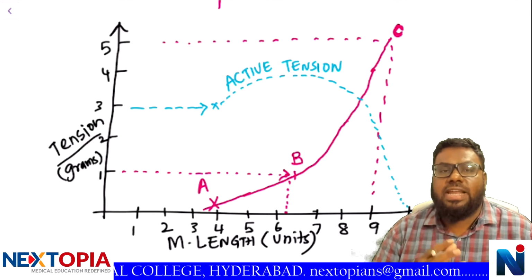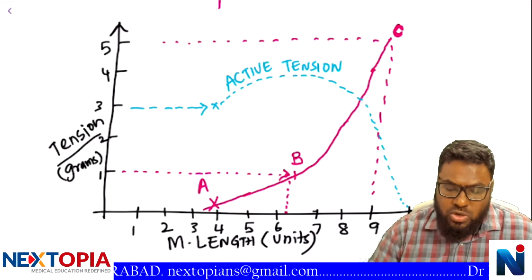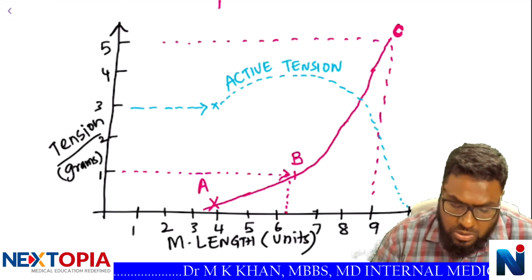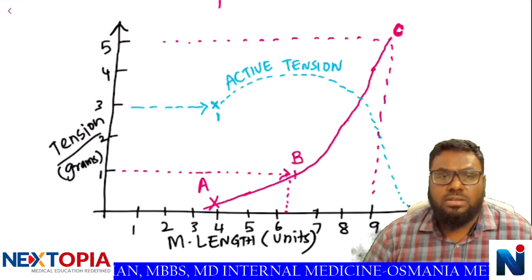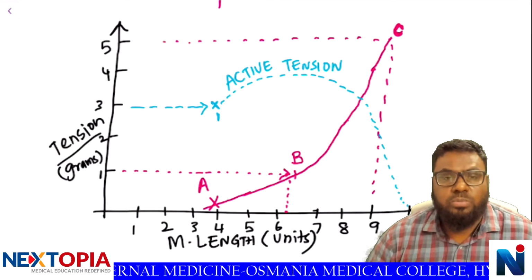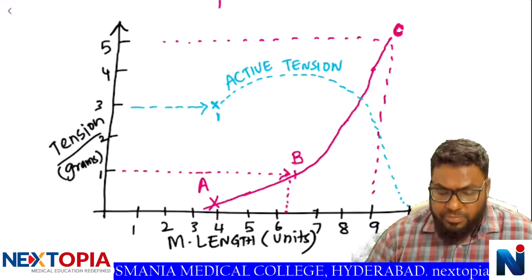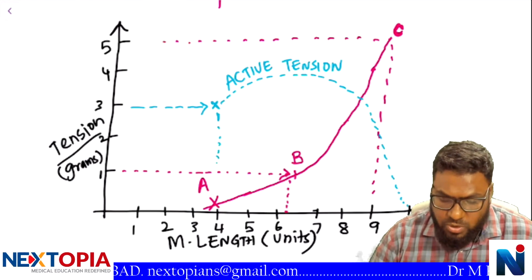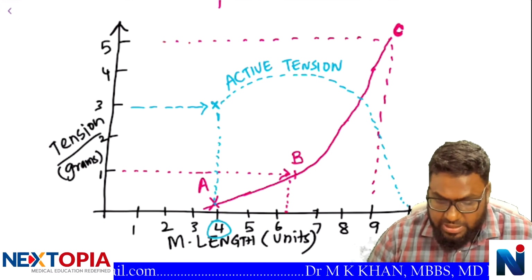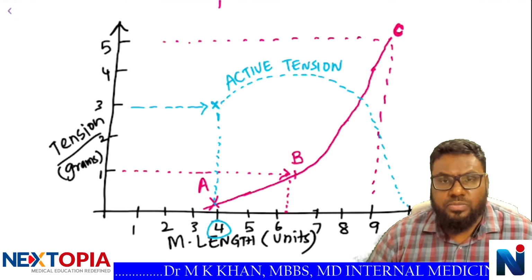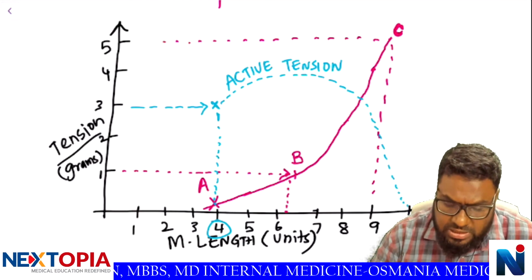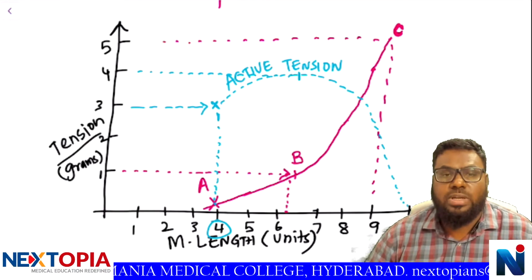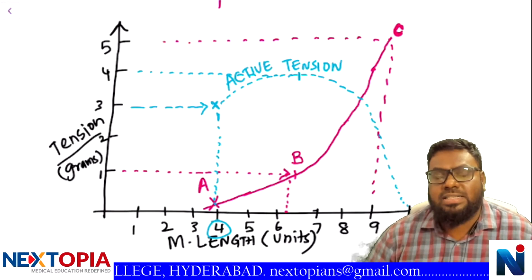That is, you have applied 3 grams of weight onto the muscle. So this is the beginning point of the afterload. Here the muscle is already at one single length of 0.4 units somewhere here. So there is no change. But as you increase the tension, if you are applying 4 grams of tension, the muscle has increased in its length.